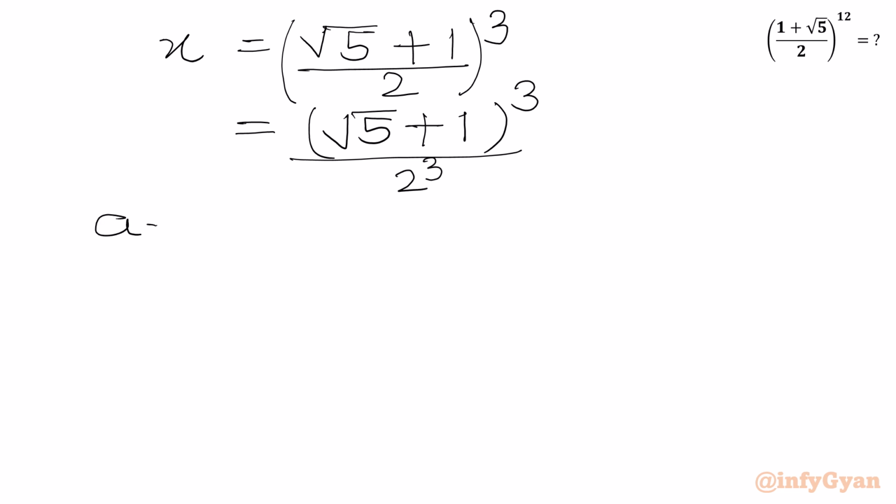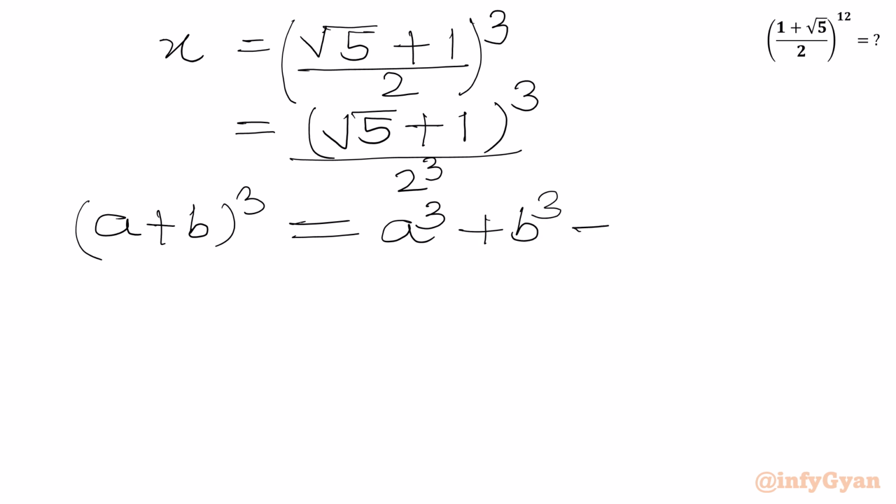Now we should know the (a + b)^3 formula. Let's write the formula first: a^3 + b^3 + 3a^2b + 3ab^2.